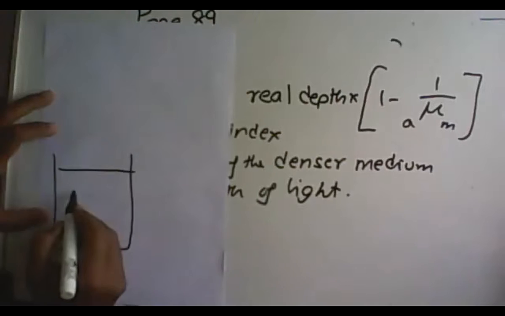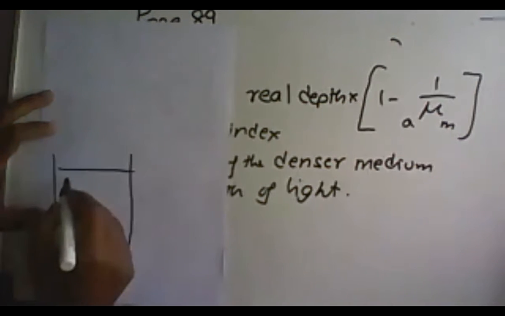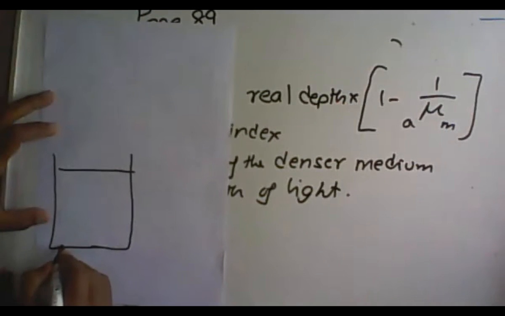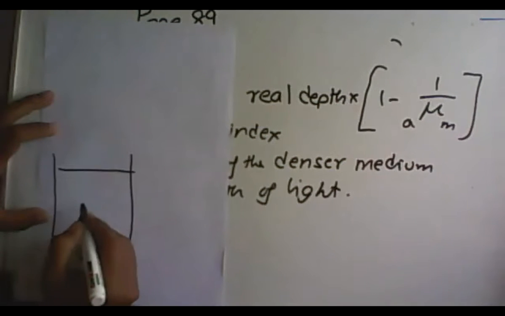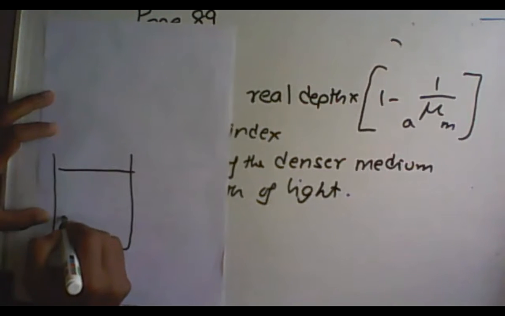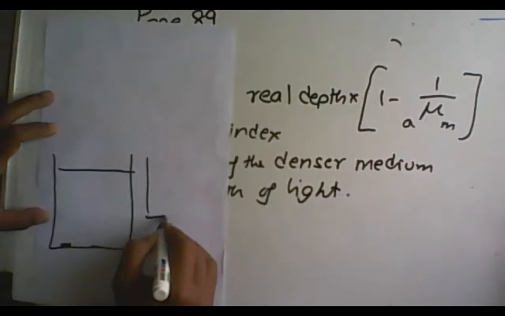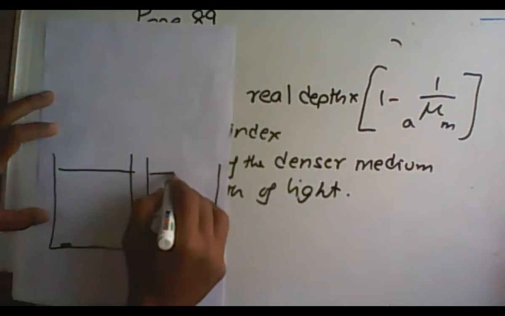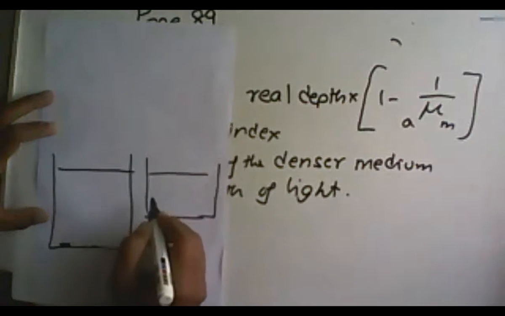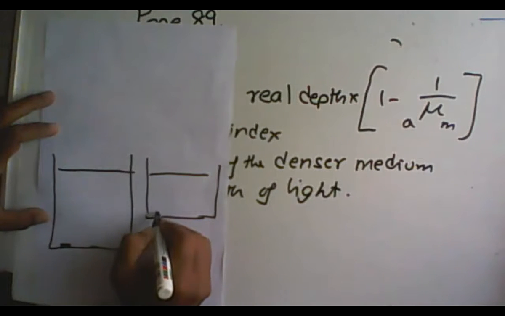So if you have an object at the bottom of the container, and let's say another, I'll just draw another container, but in this case now the object is here.